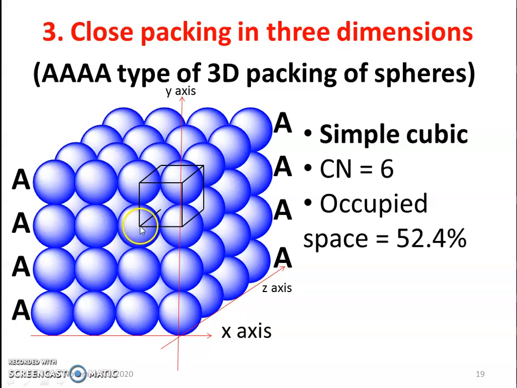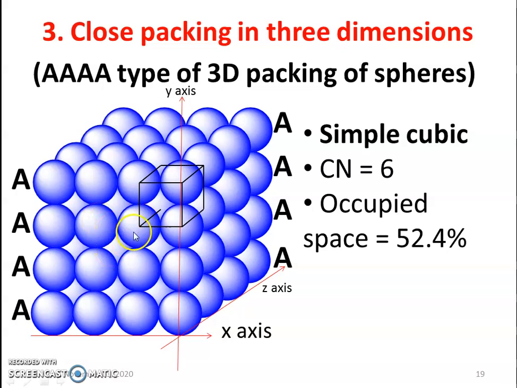The coordination number of each sphere is 6. When you consider any sphere, there are 6 spheres adjacent to it or in contact with it. For example, consider this sphere: in contact with it there are 1, 2, 3, 4, these 4 spheres.